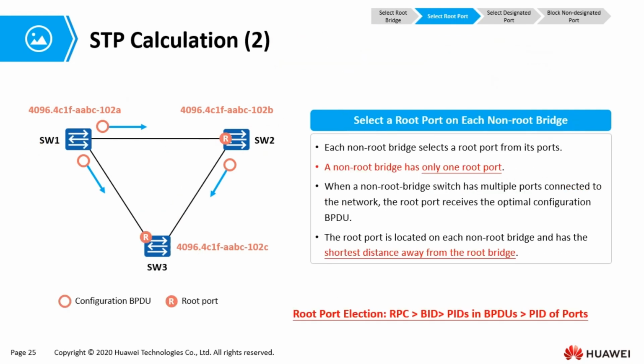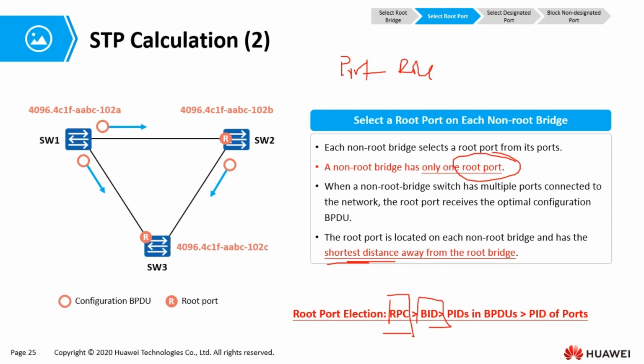After we decide the root bridge, the next step is to decide the port roles. We will calculate which is your root port. How do you calculate the root port? Basically, it is based on the shortest distance, that means we consider the root path cost. If the root path cost is the same, then we compare the bridge ID.